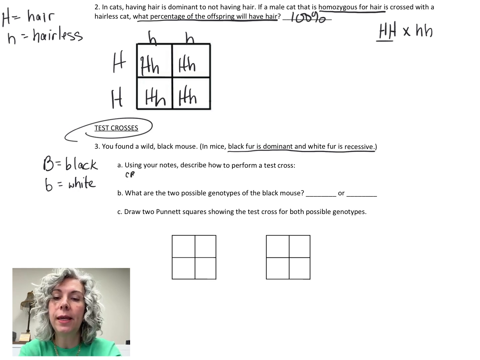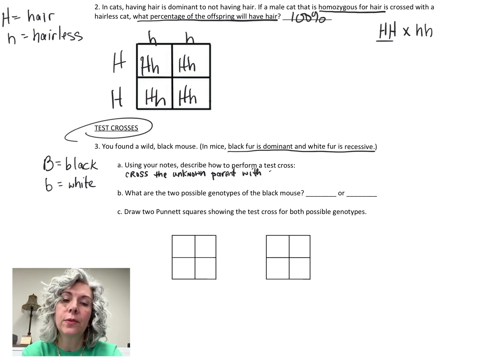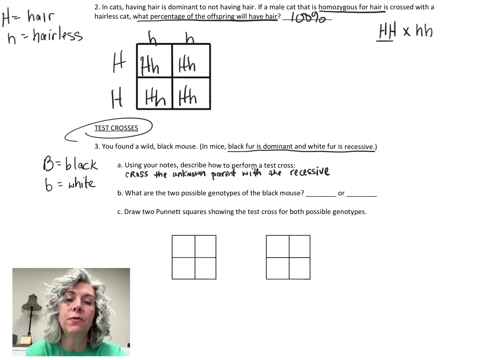So I'm just going to say cross the unknown parent with the recessive trait.